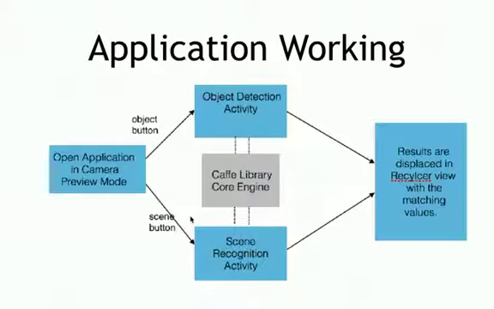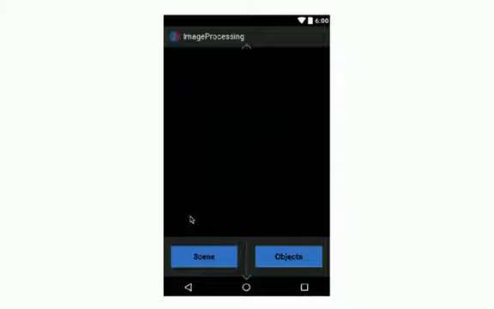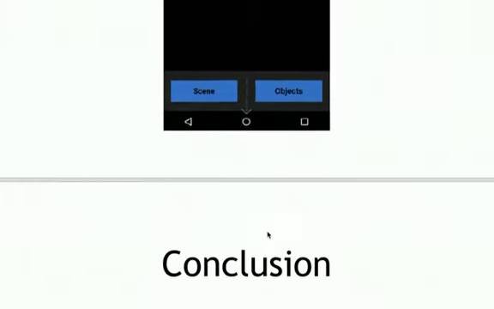Otherwise, if it's clicked in scene mode, the clicked picture will go for processing in the Caffe library with the scene mode configuration, and the result is displayed in the last form, where it will give the probability of the object and where the object exists in the image. This is how the UI looks for the front page. It has two buttons, scene mode and object mode. If you want to do an operation for scene mode, you can click the scene button. Otherwise, you can use the object button for detecting the object.